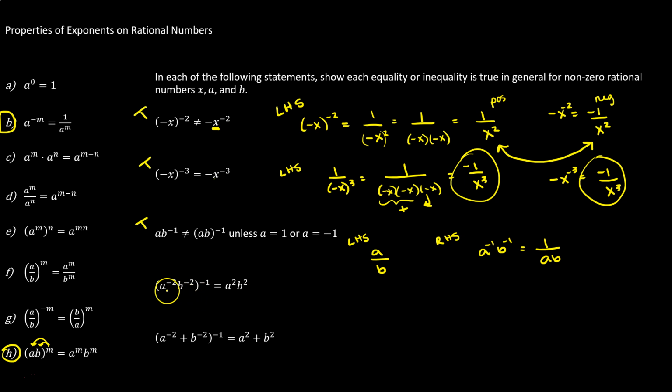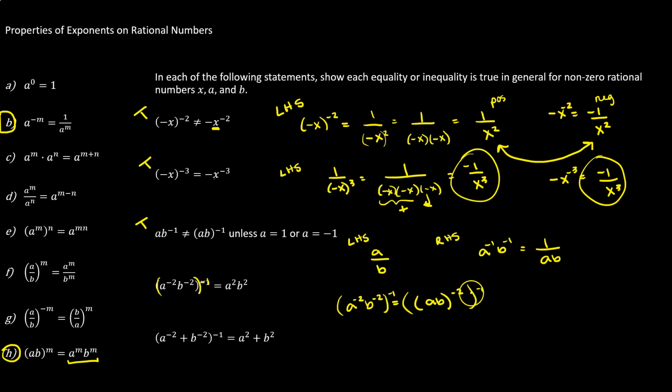Moving on to the next one, we have A to the negative 2, B to the negative 2, all of that raised to the negative 1. Well, let's start by using H, but in reverse. So we're going to start with the right-hand side of H, and let's rewrite it so that the negative 2 is outside of the parentheses. So A to the negative 2, B to the negative 2, we can write that as AB, negative 2 on the outside. But we also have parentheses with a negative 1, so it would look like this.